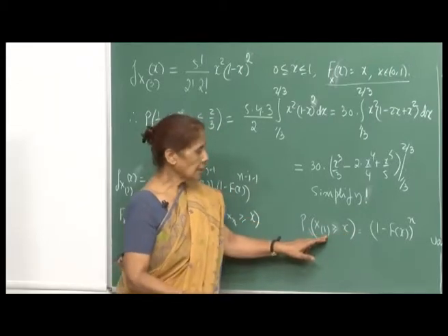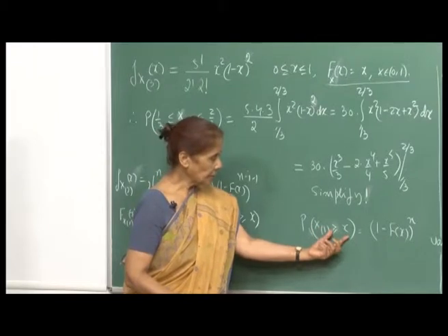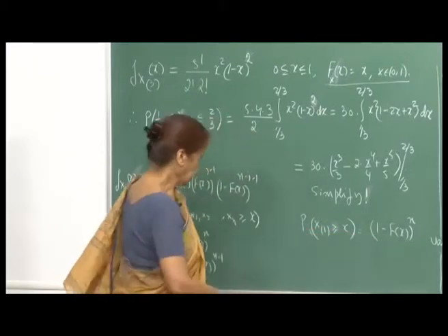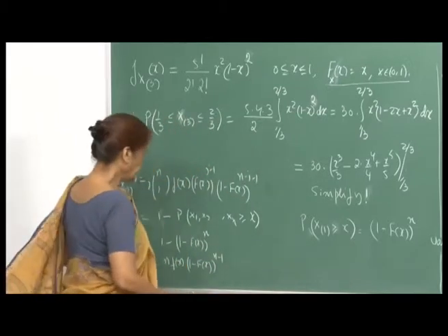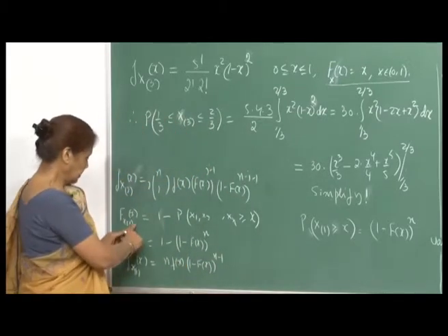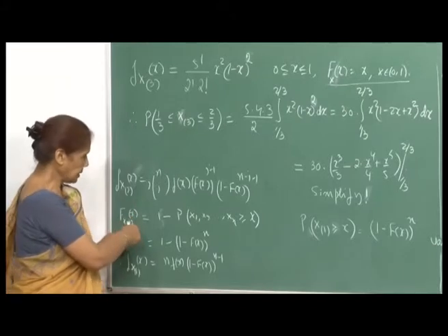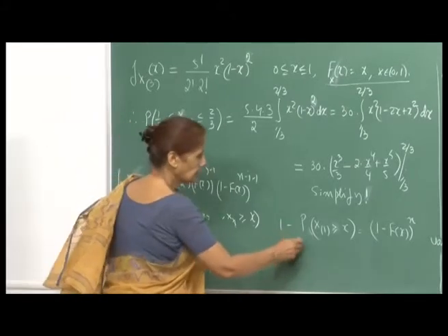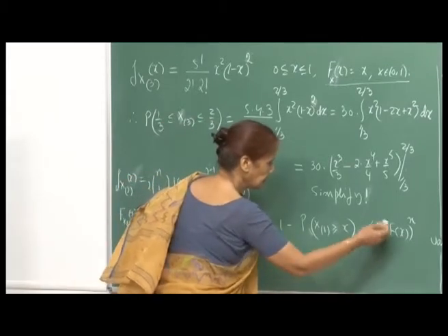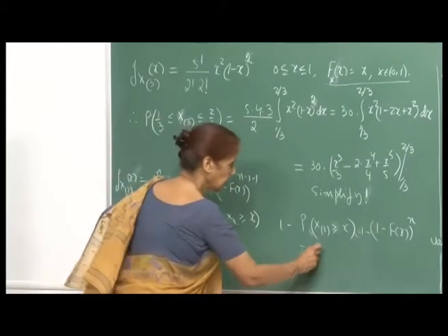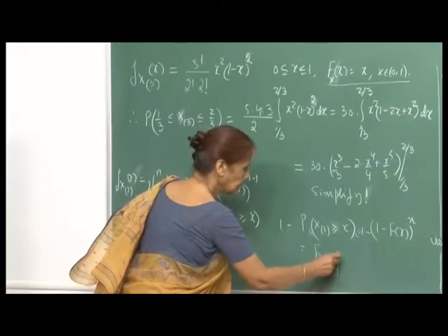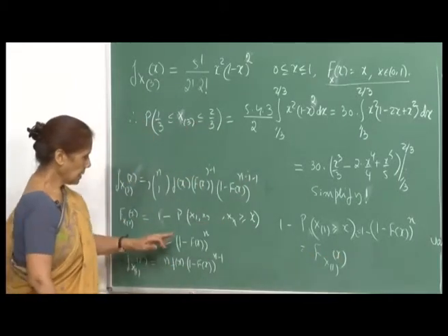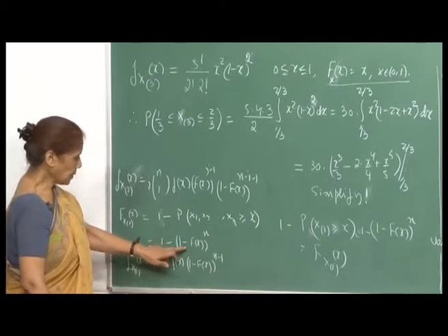So, all of them must satisfy this inequality, and therefore, this probability is (1 minus F(x)) raised to n, and we are interested in finding out the CDF. So, that will become 1 minus of this, right. This is the whole idea, right. So, this is what you have, which I can write as 1 minus (1 minus F(x)) raised to n.